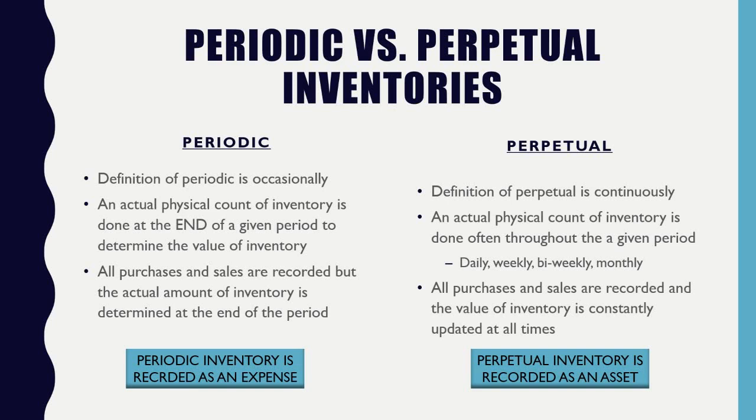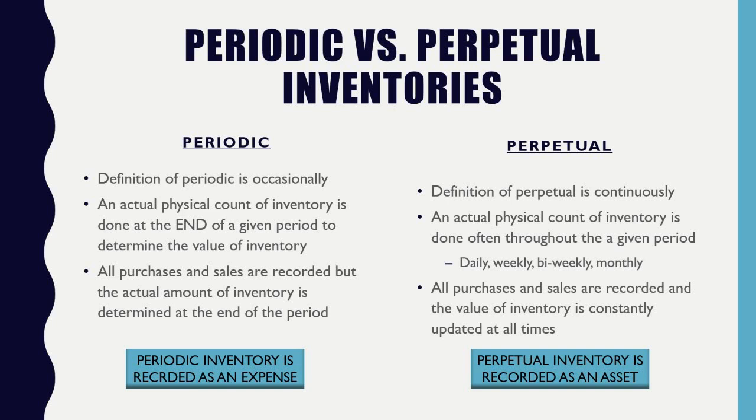But in this case, it depends on how you operate your business and especially the products that you sell. So your end of the given accounting period could be at the end of the week or at the end of the month. Here's the key factor: you must take a physical count, because you're not keeping track of it when you actually sell the product. You don't care to keep track of it.